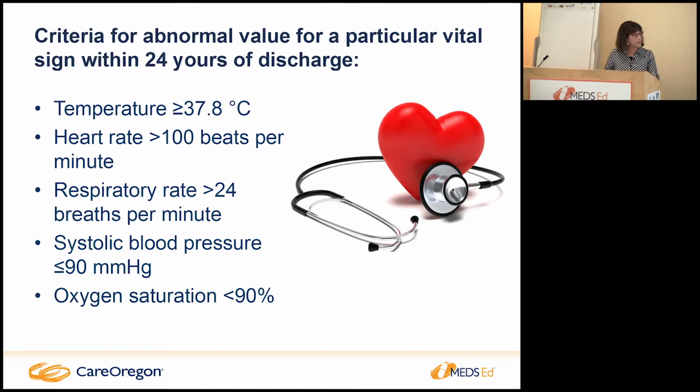Temperature greater than or equal to 37.8 centigrade, heart rate greater than 100, respiratory rate greater than 24, systolic blood pressure less than 90, and O2 sats less than 90. And I think you could probably consider it if there were some other vital signs that weren't stable, you'd put those in the same bucket.